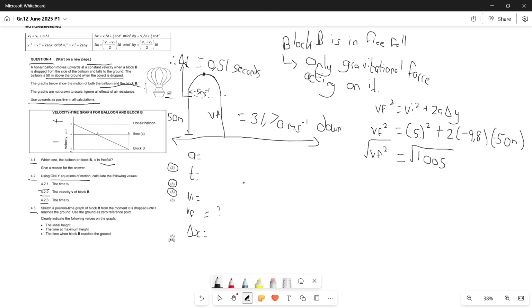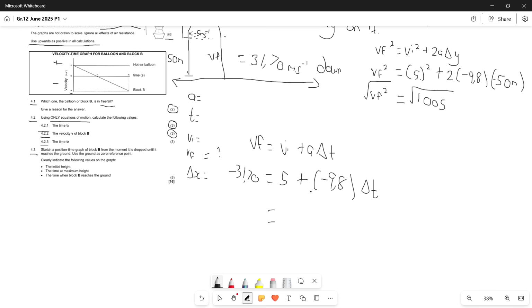So time t2, I'm just going to go ahead and write down the formula that we're going to use together. So that means our VF is over here. It's our 31,70 down, which means it has to be negative based on the fact that down is negative. So we have that over there. Our VI still we can take as positive 5 meters per second, considering we are using the initial velocity that it had. Our A is negative 9.8, considering gravity is pulling it downwards. Cool. And then time is once again what we want over here.